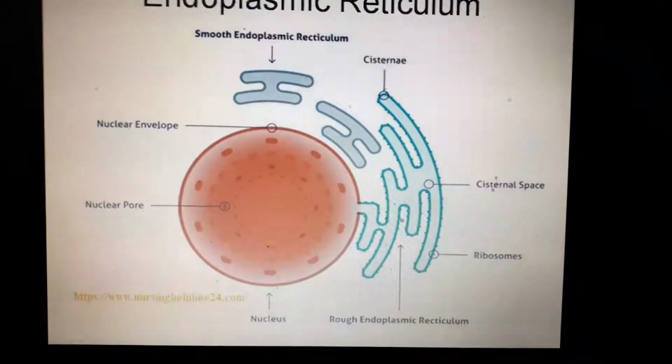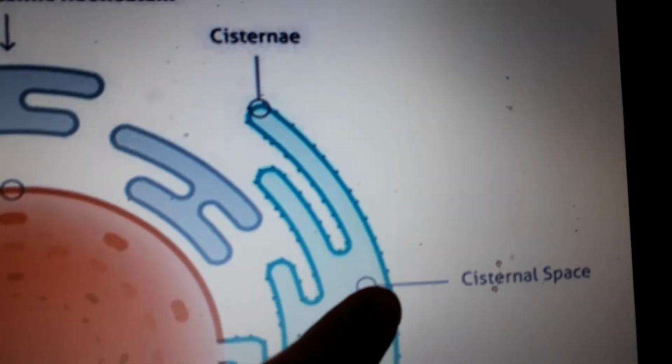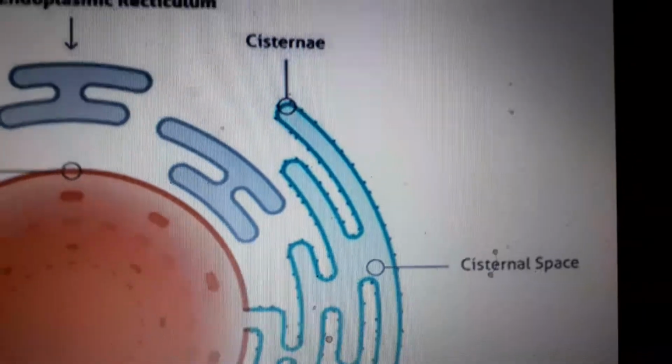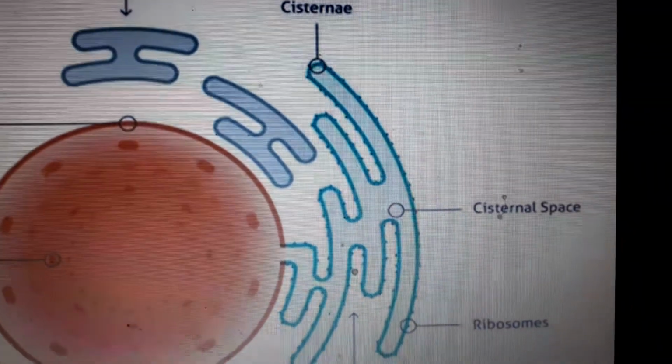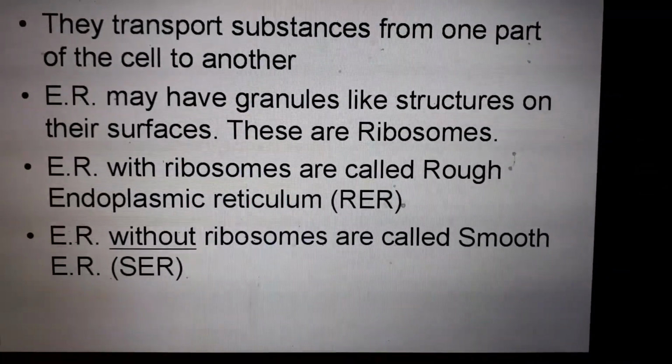These granule-like tiny structures that you see on the surface of endoplasmic reticulum are called ribosomes, and the tubes on which there are ribosomes are called rough endoplasmic reticulum.